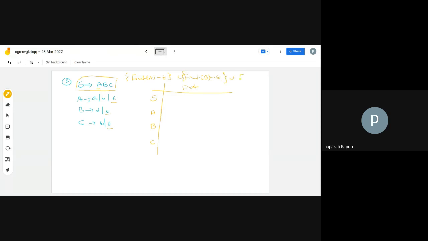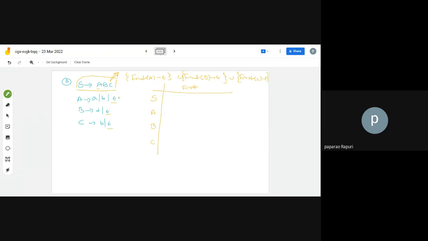So union first set of C minus epsilon, because the last non-terminal is also producing epsilon here.